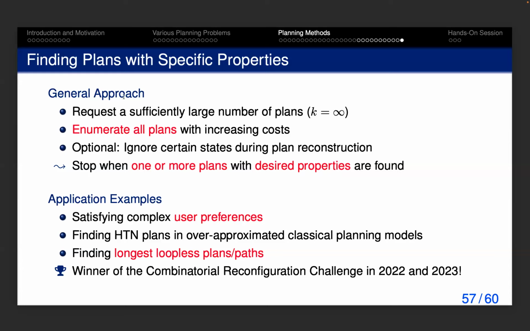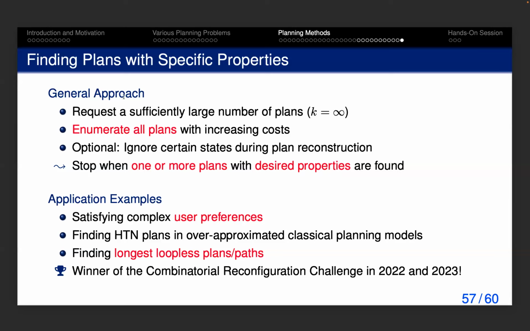And further, and that I found pretty cool, you can do crazy stuff. So we did use my planner for finding the longest loopless plan in a competition, the combinatorial reconfiguration challenge. There they wanted to know how you can reconfigure, for example, grid networks like energy networks, and what's the longest way of doing that. I'm not sure why they were interested in that, but they wanted to know it. And you can use top K planning for that, because you can just enumerate plans over and over.